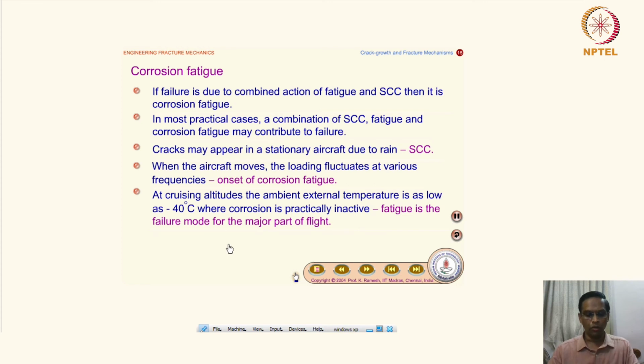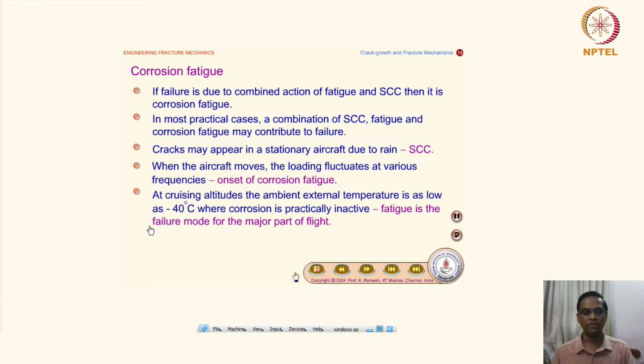You may wonder why we are discussing so many mechanisms, or so many classifications of mechanisms. It is something like this. You may have some knowledge about the material's tensile properties or impact properties. Based on that, you can consider them for some application where such strength levels are put to use.